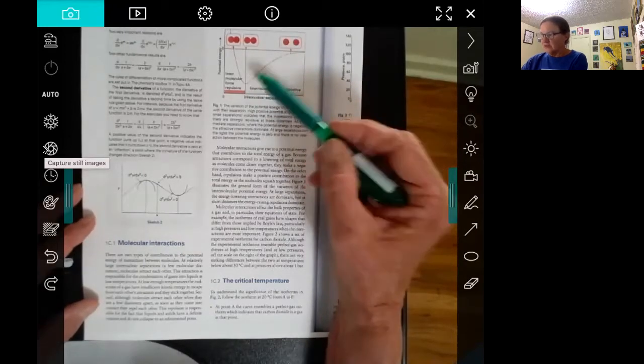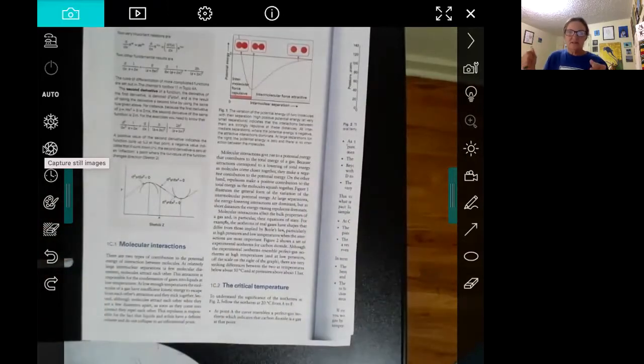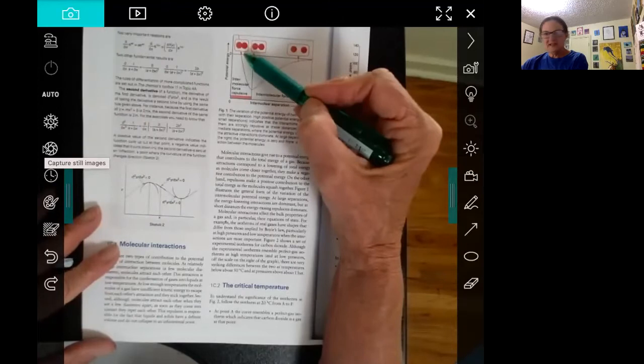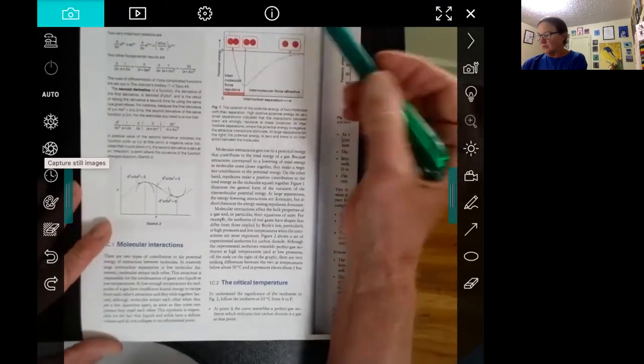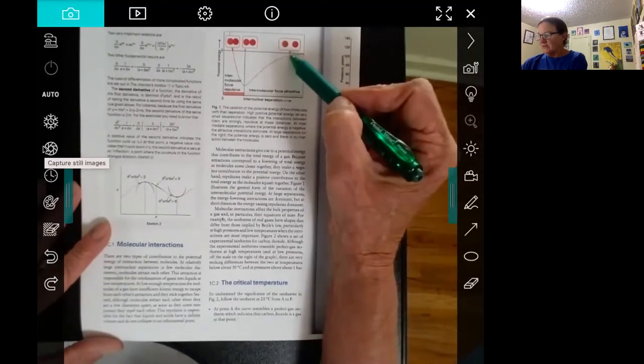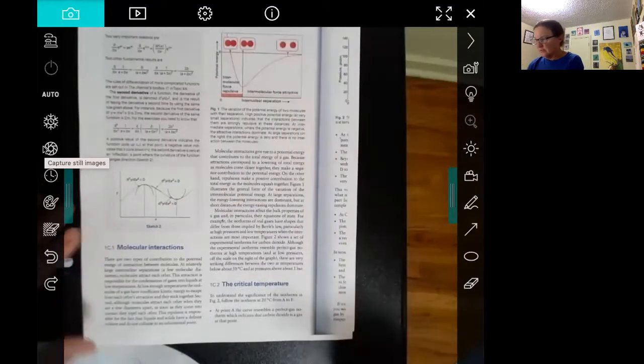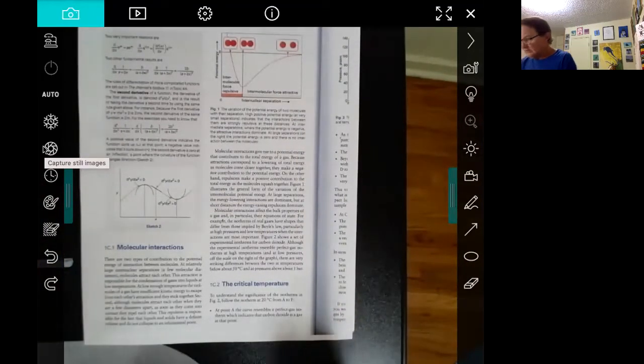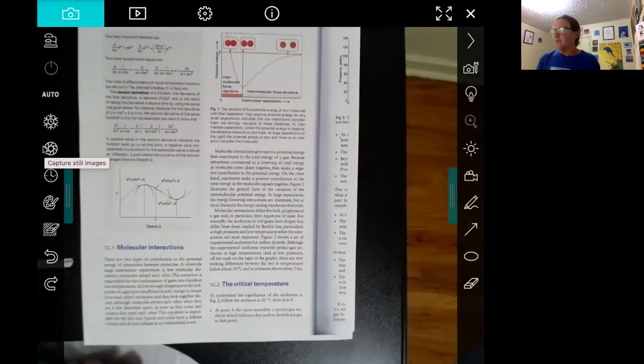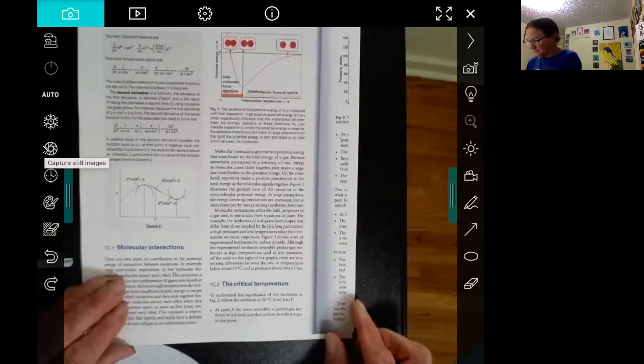But then as you try to force them closer together, essentially you're trying to force their nuclei to interact, and that's going to be repulsive. So depending on where you're at, you could have molecules in the gas phase having attractive forces or repulsive forces, and those are going to change the behaviors in different ways.